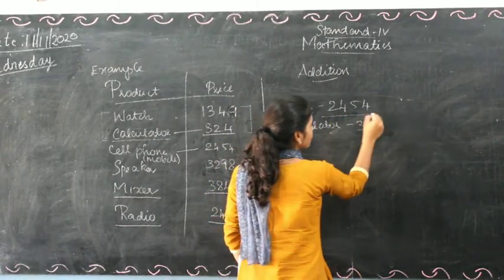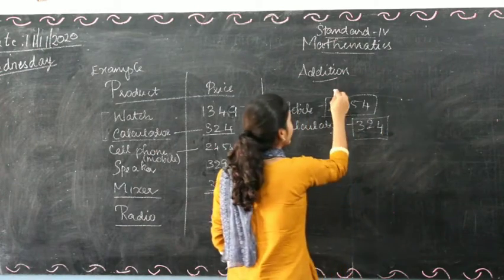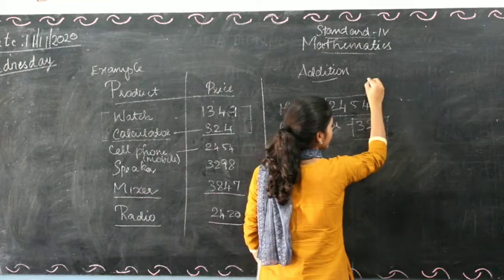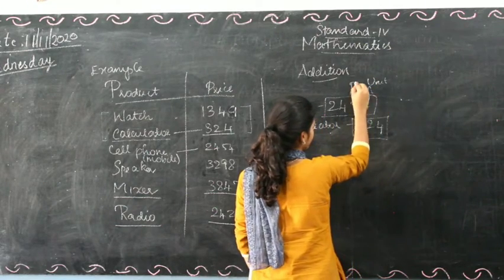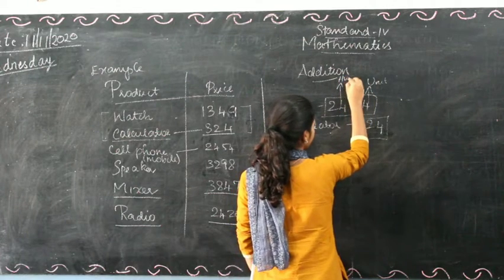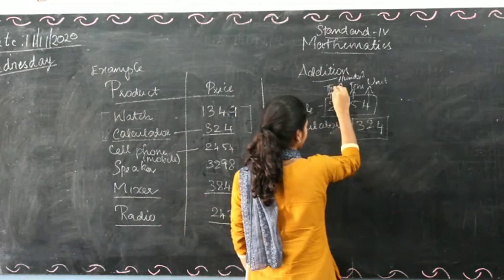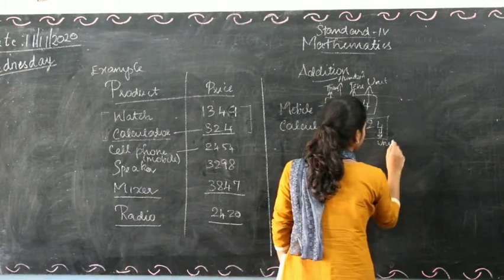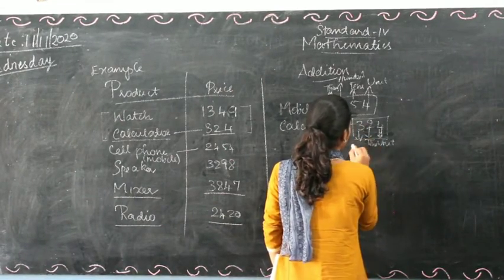Here we have 4 digits and here we have 3 digits, and this here its place value is unit. This here its place value is tens, and this here is hundreds, and this here is thousand. Likewise, unit, tens, hundreds.